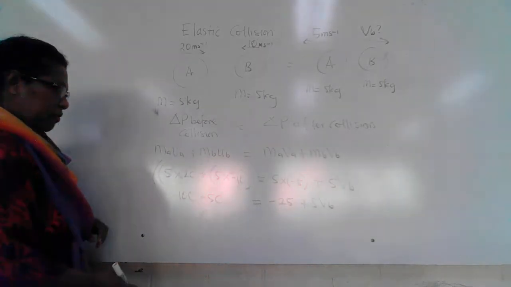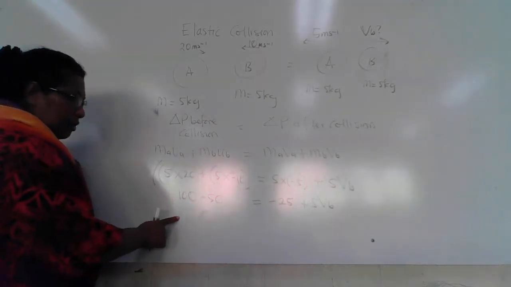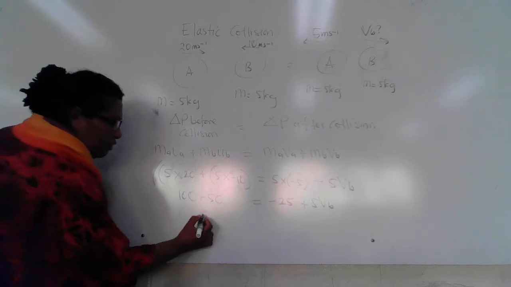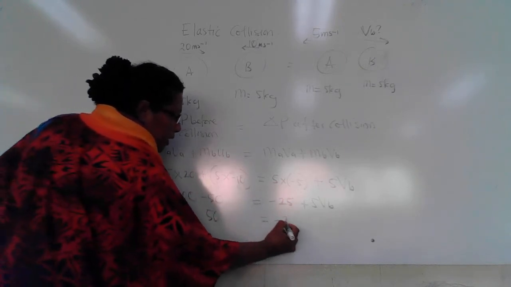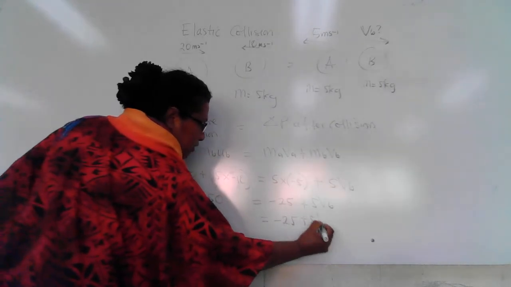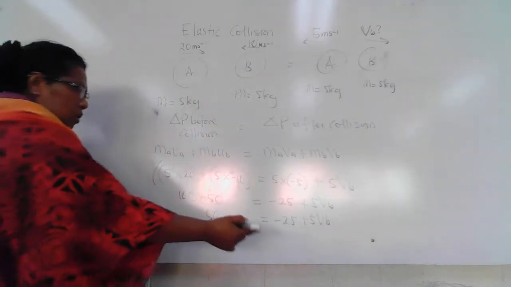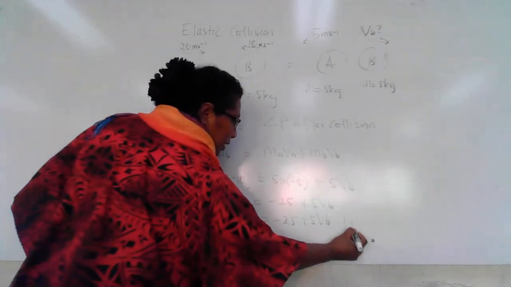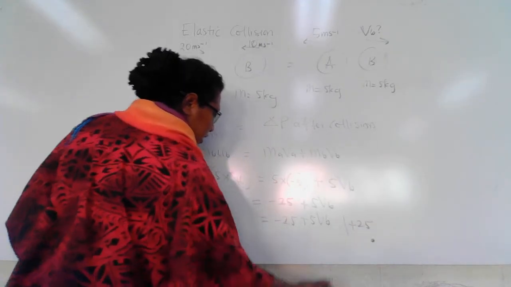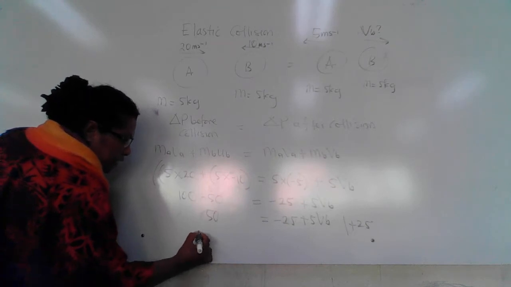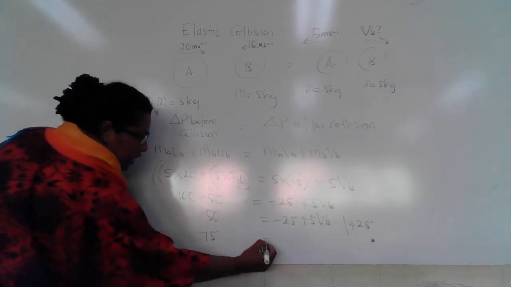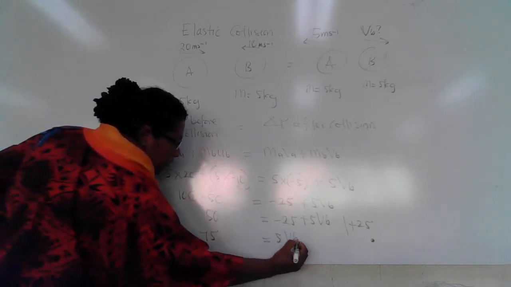Okay, so we have that. Let's go on with the arithmetic. 100 minus 50 is 50, and that should equal to minus 25 plus 5 VB. We're solving for VB, so we add 25 to the other side. 25 plus 50 gives us 75, and that should now equal 5 VB.